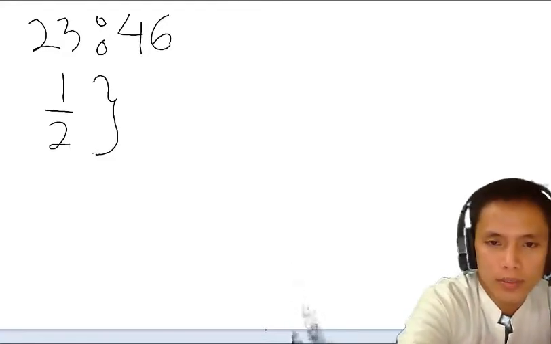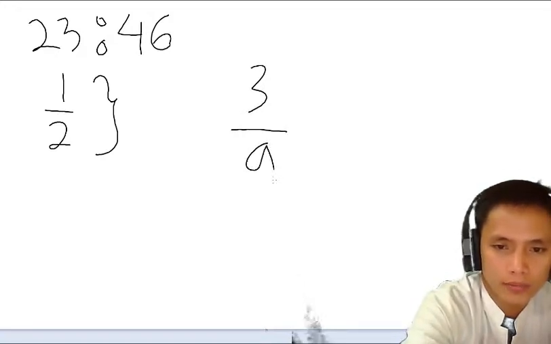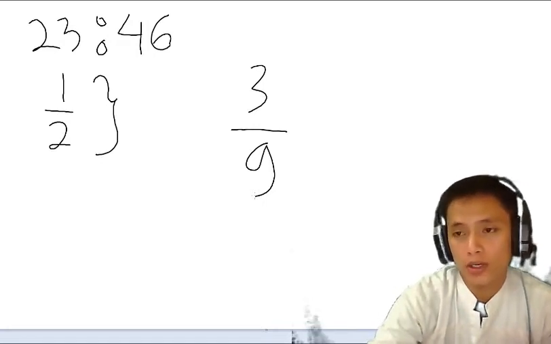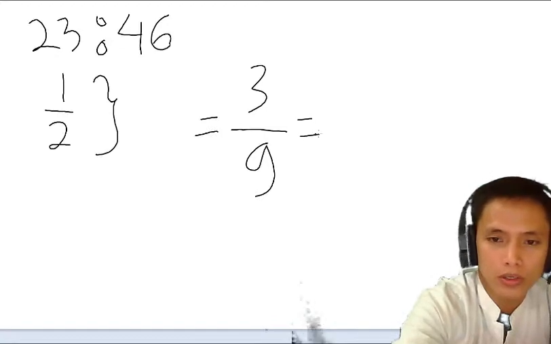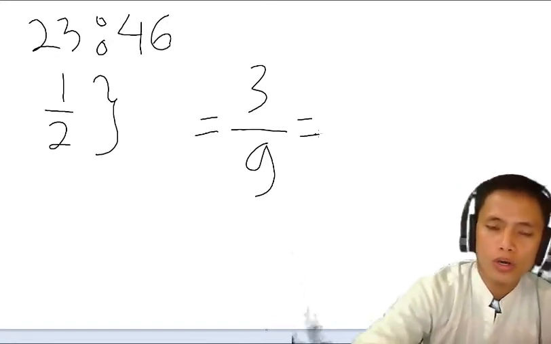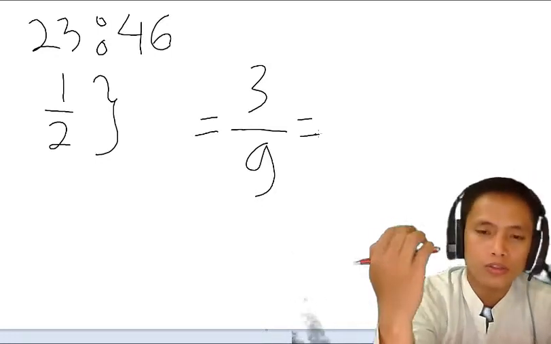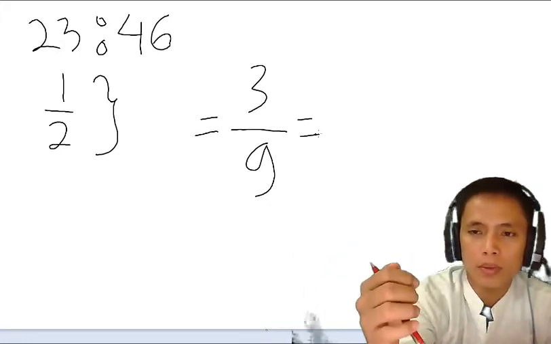Let me give you an example, 3/9. If you want to find the equivalent of this fraction, there are two ways you can do it. The first, you divide 3 and 9 by the same number.